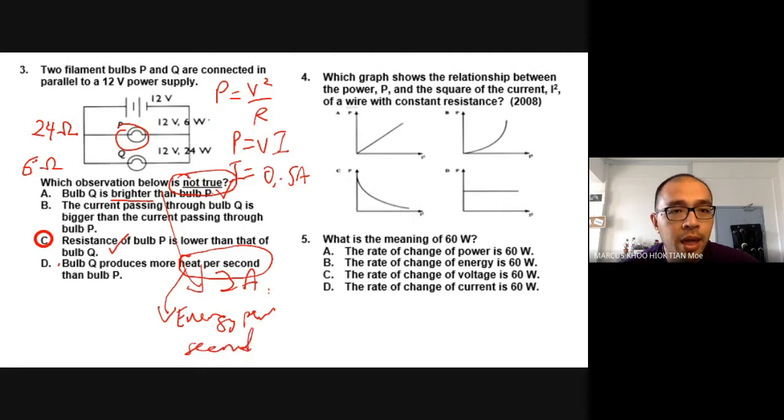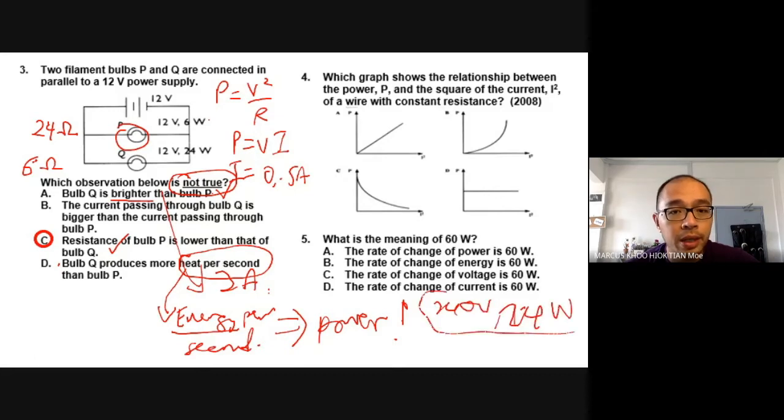Energy per second actually refers to power. And power is the amount of energy that is released or produced in 1 second. Remember the power rating? 240 volts, 24 watts. It is the power rating. When we supply the same amount of voltage, we find that P produces less power, less heat per second than Q. And so Q is actually correct.